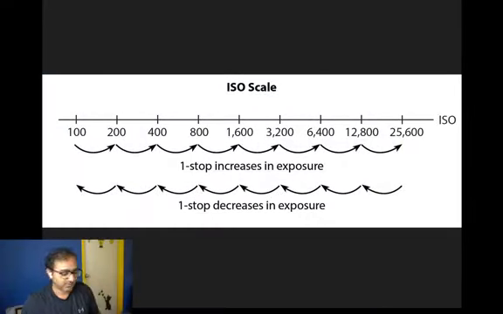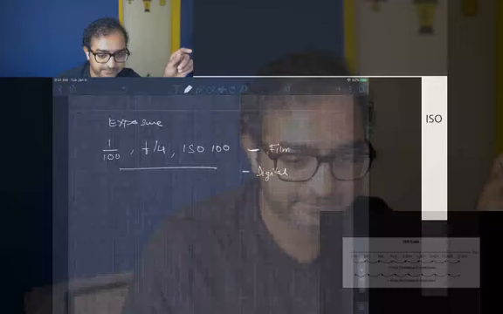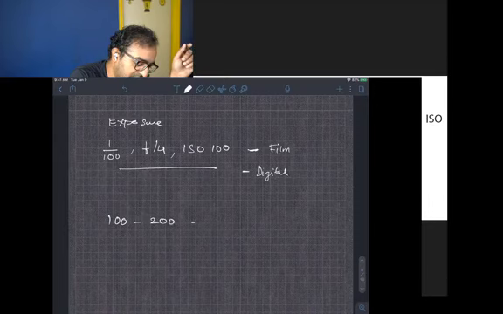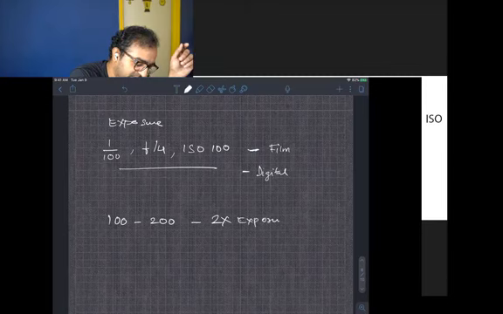Okay. So now how is the ISO scale measured? It's very easy. It starts with ISO 100. 100 is the least sensitive, and it goes all the way up to whatever the current generation of cameras can do. So it goes from ISO 100 to 200. Every doubling of ISO is one stop. So if you go from ISO 100 to ISO 200, this gives you 2x the exposure, or double the brightness.